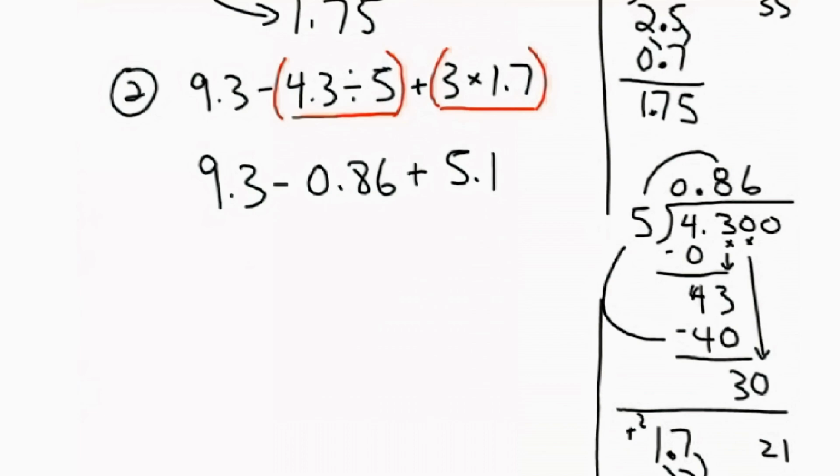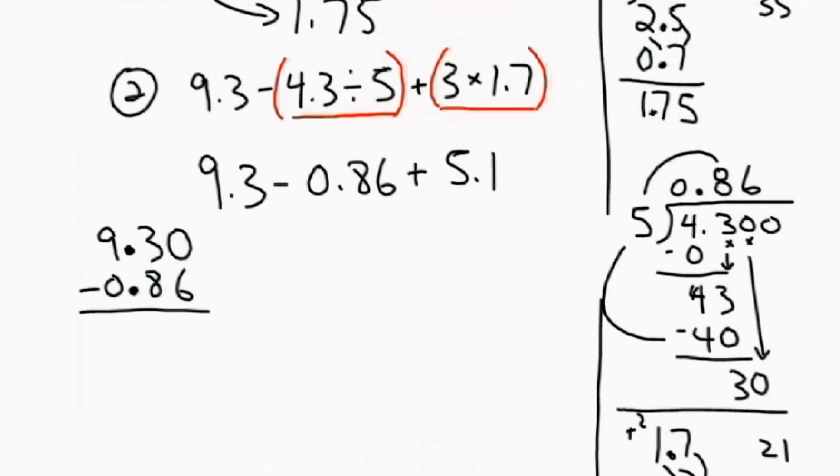And now I've got 9.3 minus 0.86 plus 5.1. So I'm running out of room on the left there. So 9.3 now minus 0.86. And remember, now we need to put a placeholder there. We're adding and subtracting, so our decimals are stacked.